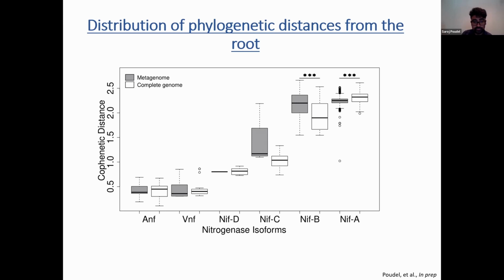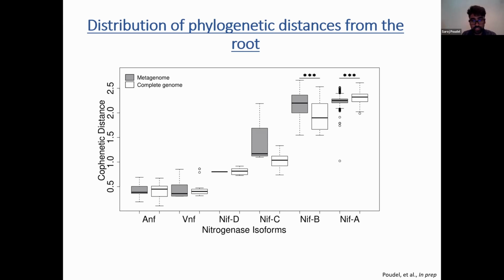When you look at NIF isoforms, NIF-D has started to diversify, but not as much as NIF-A and B, so they've really diversified from their ancestral roots. And that's interesting, and in a way I would say it's expected because, if you remember the phylogenetic tree that I showed you before, the majority of aerobes encode NIF-A as opposed to NIF-D and NIF-C, or ANF and VNF for that matter, right?